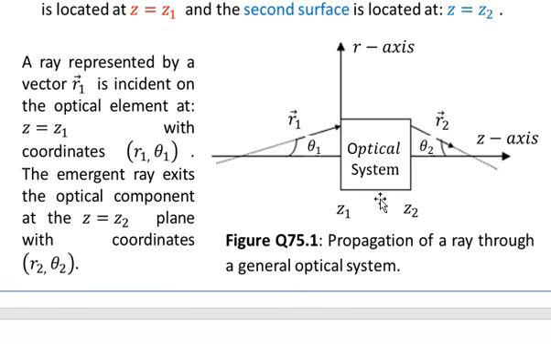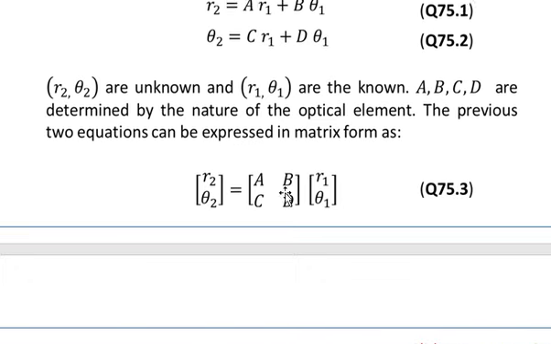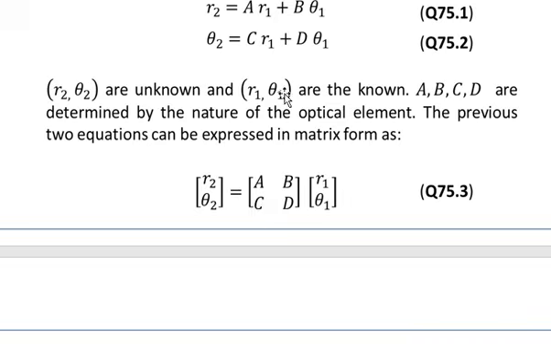We don't know its characteristics, but we just mentioned that they will be determined by 4 elements, A, B, C, and D. We have represented the unknown quantities R2 and θ2 in terms of the known quantities R1 and θ1, and the two equations have been represented in the matrix representation of the system.